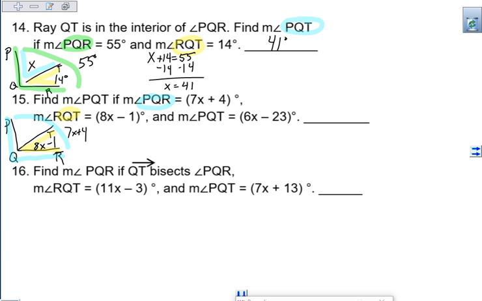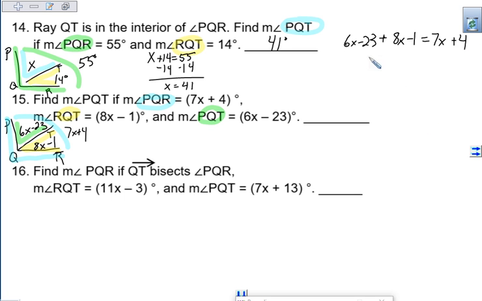And we know that angle PQT, top one, is 6x minus 23. How are we going to set this up? 6x minus 23 plus 8x minus 1 equals 7x plus 4.